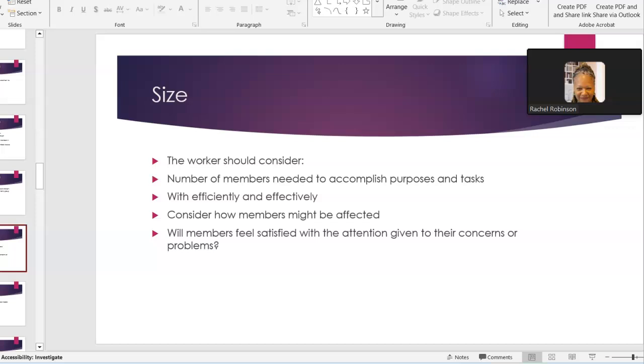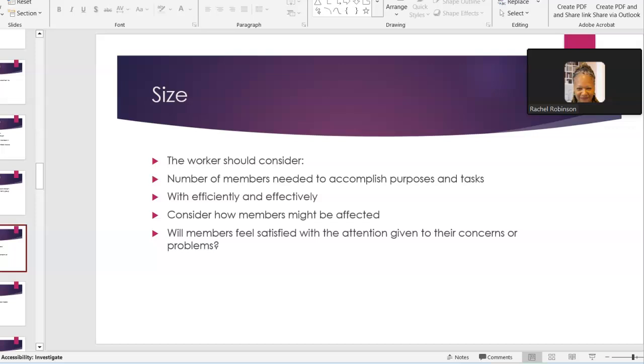Size issues vary. On the one hand, there's that broad recommendation that you just have enough members needed to accomplish the purposes or the tasks and to do it efficiently and effectively. This works very well with task groups, right? But also with treatment groups in terms of considering how the members might be affected by the size of the group.